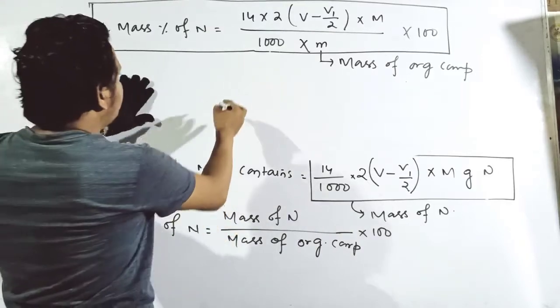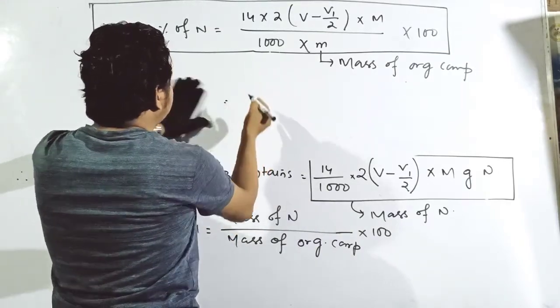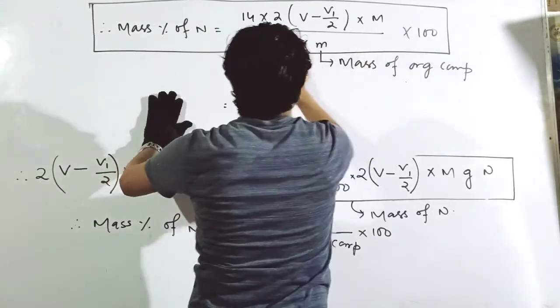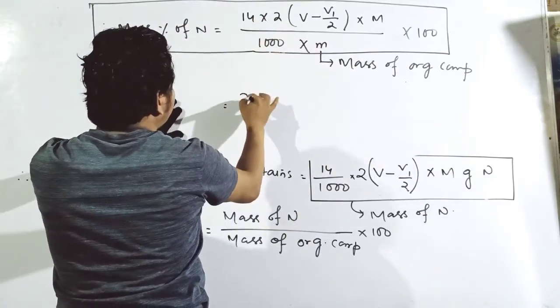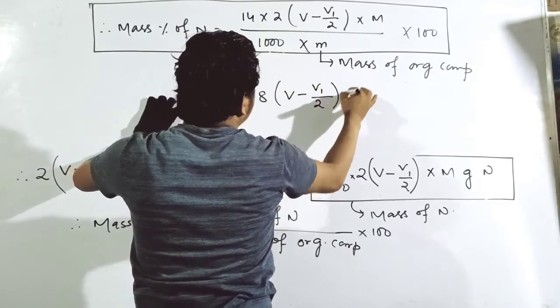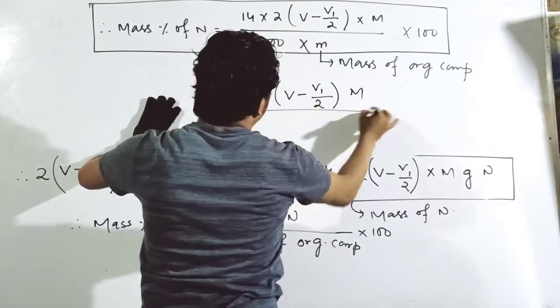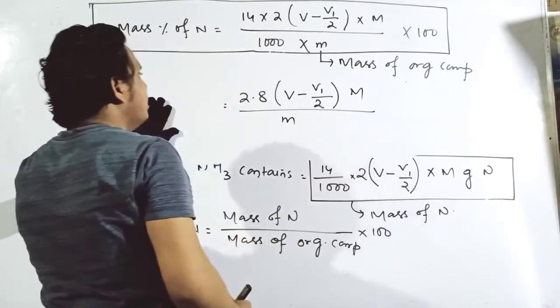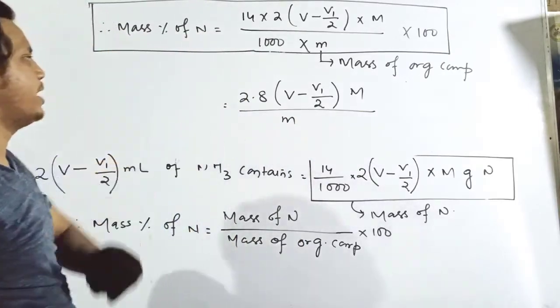If you simplify, what will be the result? 20 cancels, 28 by 10, 2.8 into V minus V1 by 2 into molarity divided by M. This is the mass percentage of nitrogen.